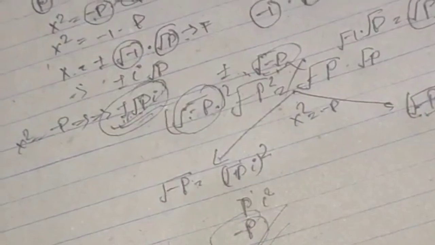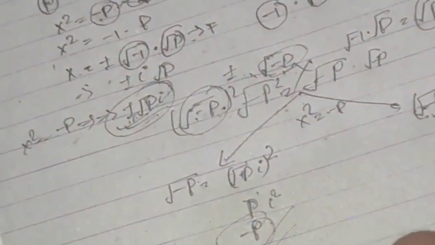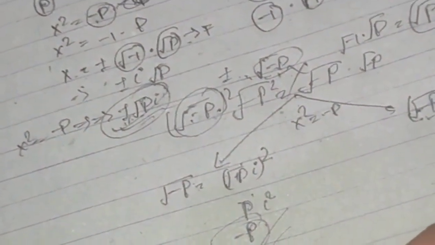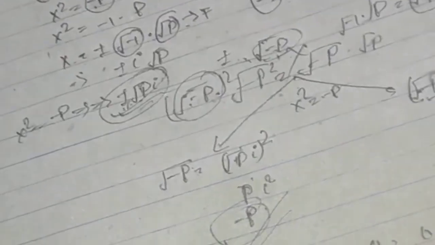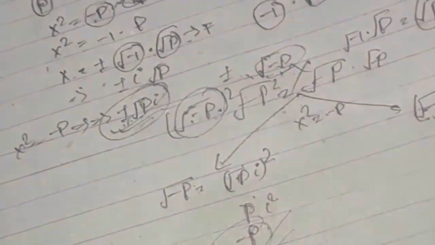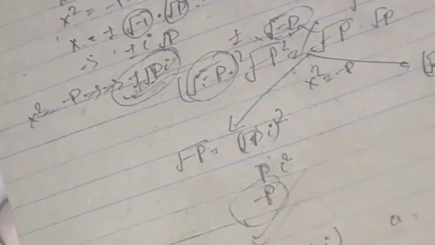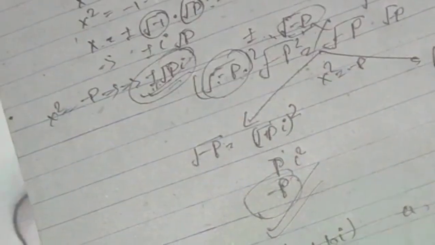Normally we understand that a plus b iota is a complex number where a and b are real. This is the definition. What is a complex number?